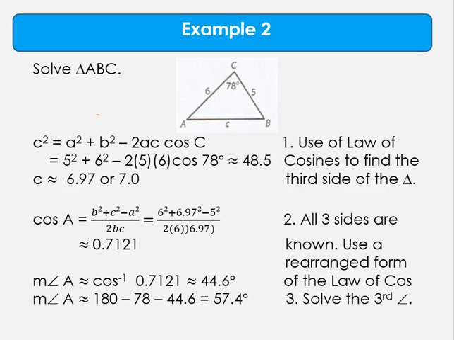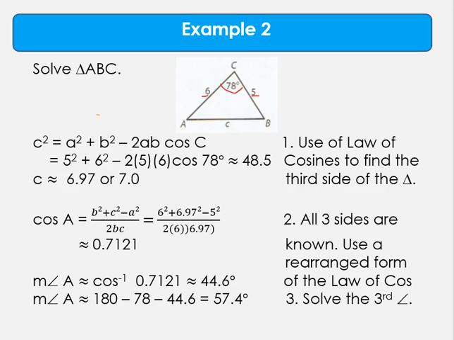And let's take a look at our triangle. The side opposite A is 5, so it would be 5 squared. And the side opposite B is 6, so this will be 6 squared. And we will have 2 times a times b times cosine 78.